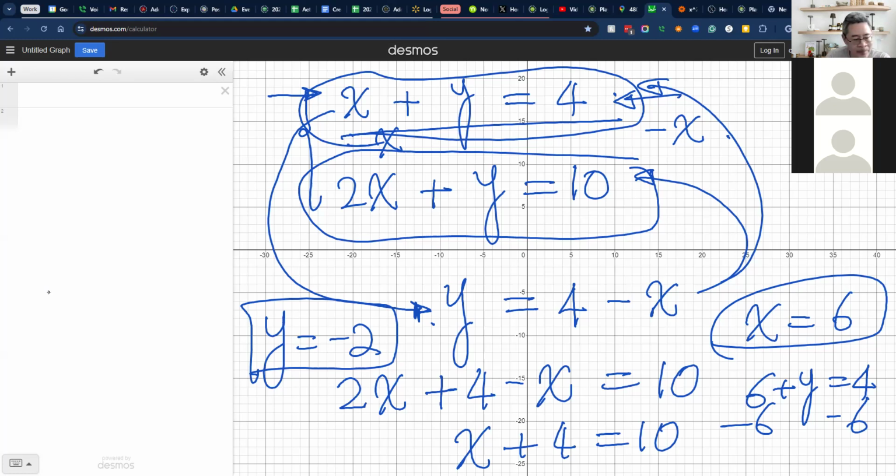Good. But when you plugged it back in, why did x become 6, but y didn't? What do you mean? Well, you plugged it in and then you have 6 plus y equals 4. Right. But wouldn't it be 6 plus 6 y equals 4? Why 6 plus 6?